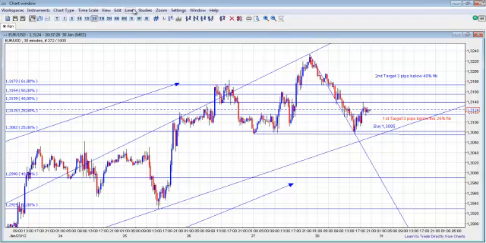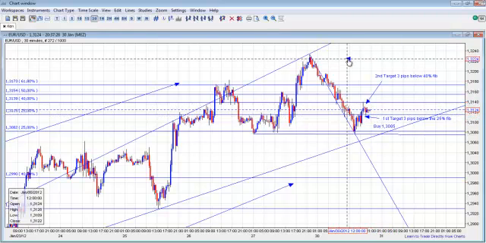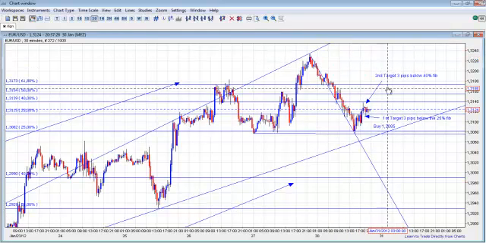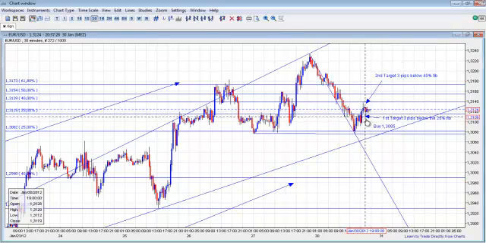Okay, so as you can clearly see here, what we're doing in effect is that we are maximizing a position on our trades. So if the market moves against us after we hit the first target, our stop will move to break even. If it tests our second target, well, that's fantastic.